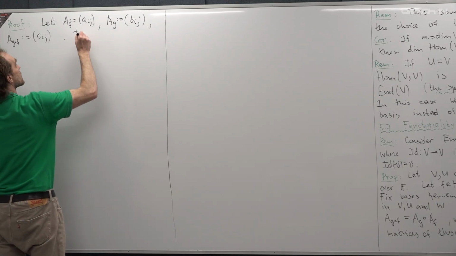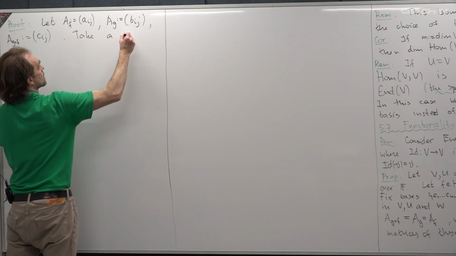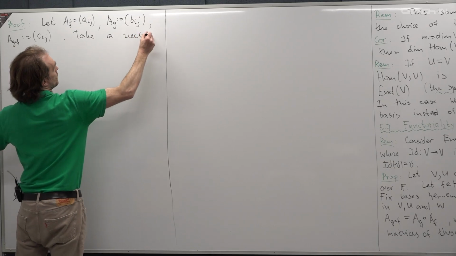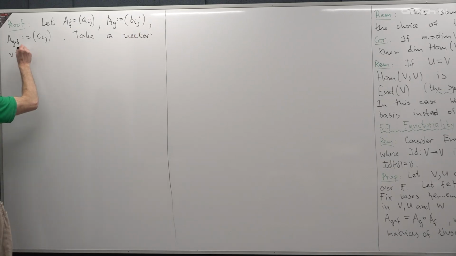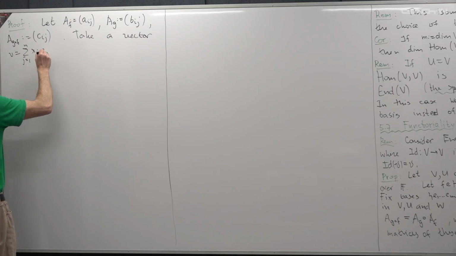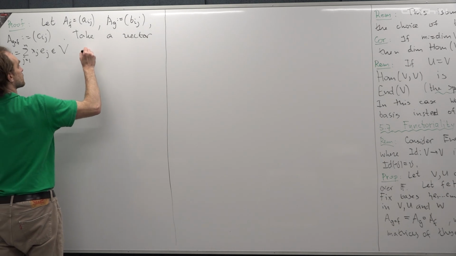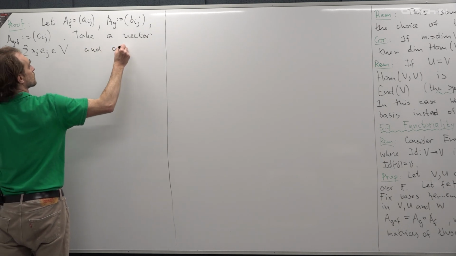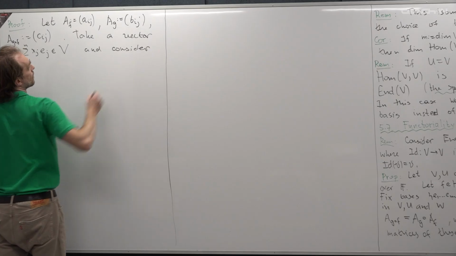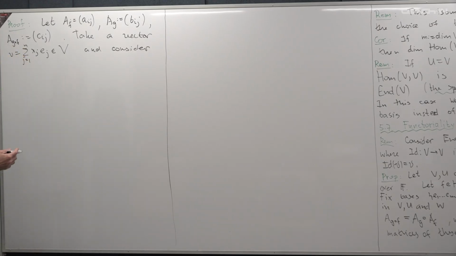So take a vector v, that is the sum where j ranges from 1 to m of x sub j, e sub j from the first space, and consider the composition of F and G applied to this vector.